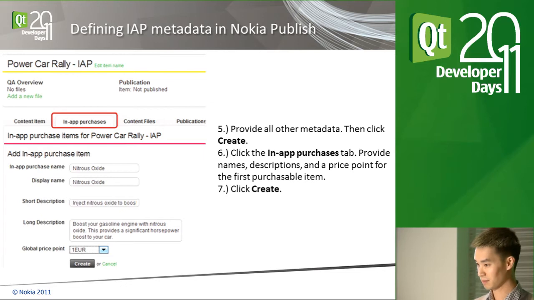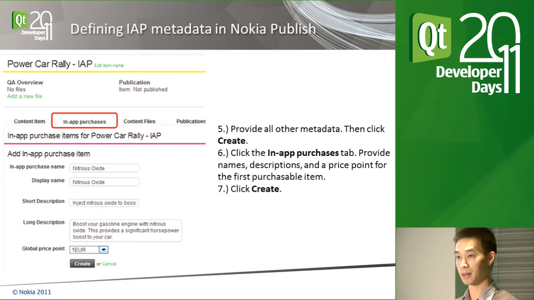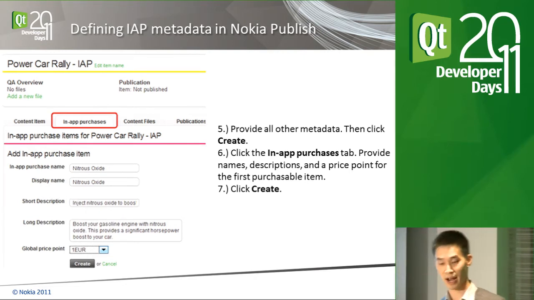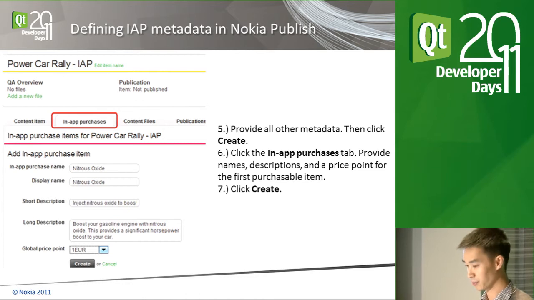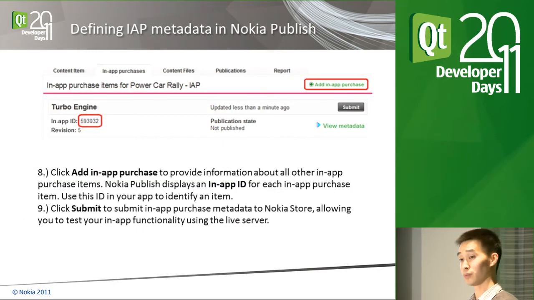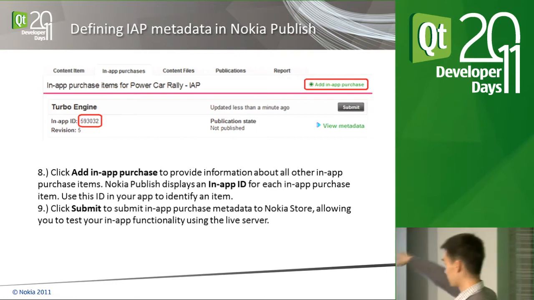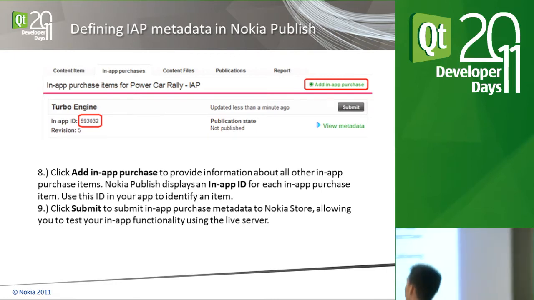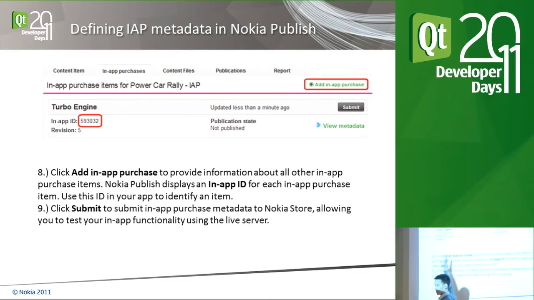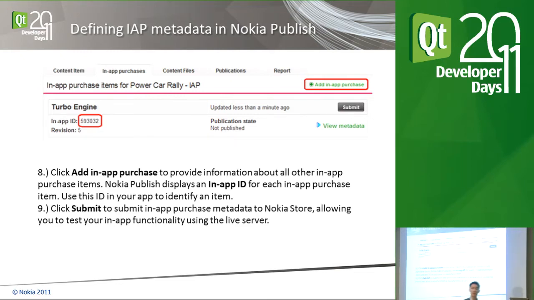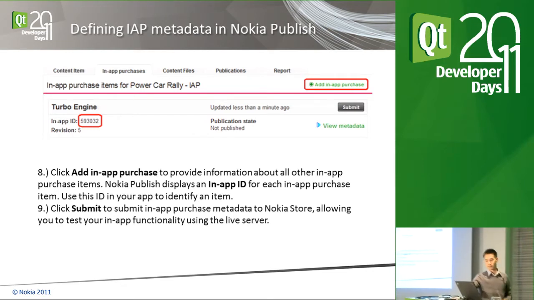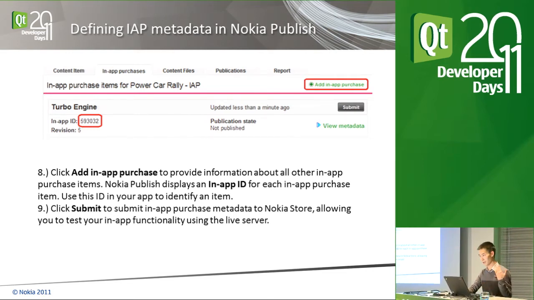As Gord mentioned, there's many options that you can have here, but for each in-app purchase item you have in your application, you need to create metadata for it. Once you've defined all the metadata, you click on Create. What Create will do is generate an in-app ID right here. This is otherwise known as the product ID within the in-app purchase API. And you will use this ID whenever you're initiating a product purchase request.